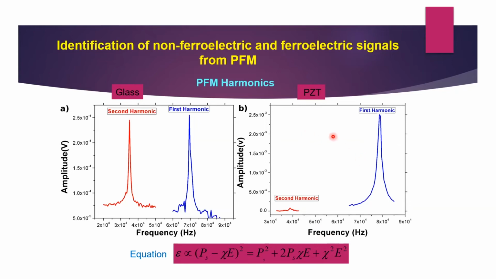However, for PZT, which is a typical ferroelectric material, the most popular ferroelectric material, you can observe that the first harmonic, this part of the equation, is higher than the second harmonic, this part of the equation. And we have one criterion to decide whether the signal that we measure is of ferroelectric origin or not.